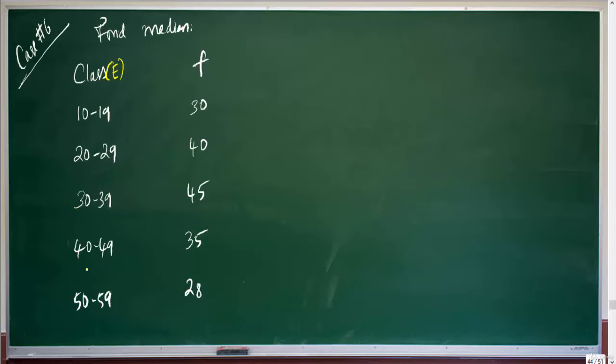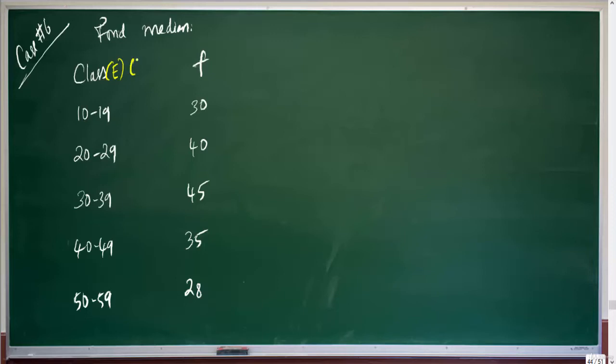So you should make this class interval into inclusive class interval. For that, you have to find the difference between the upper limit and the lower limit, and in all the cases I believe it is 1, because 29 to 30, 39 to 40, the difference is 1, 49 to 50 difference is 1. So 1 divided by 2 gives you 0.5. That 0.5 should be added to the upper limit and subtracted from the lower limit across.